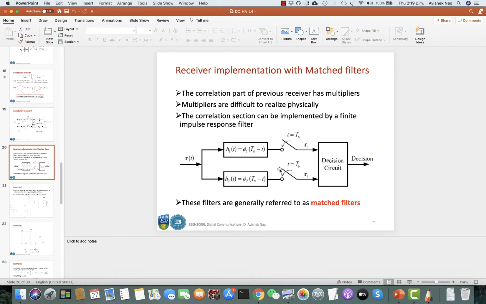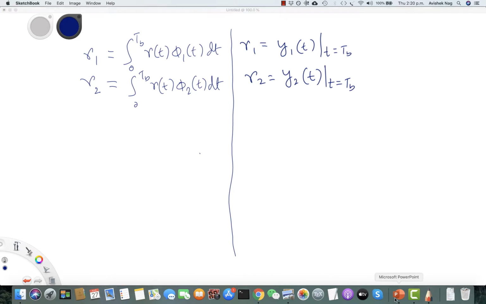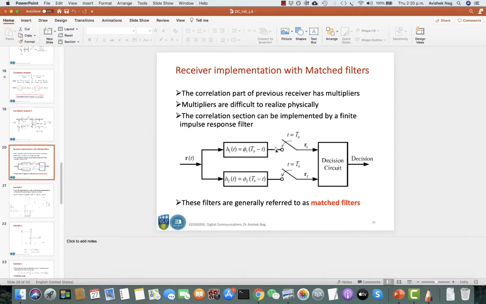So basically your R1 is y1(t) sampled at t equal to Tb seconds, and R2 is y2(t) sampled at Tb seconds. And what are my y1 and y2? y1 and y2 are basically the convolution of r(t) with this matched filter. So let's define that here.